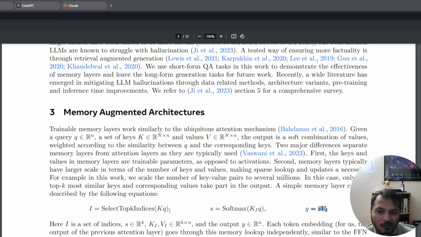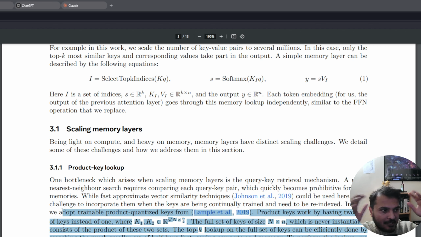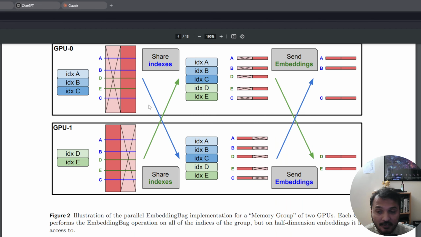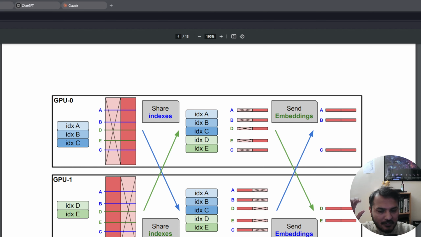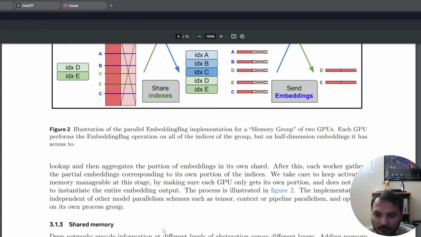Doing this kind of computation is hard, so they do it with product key lookup. This is an efficient way of breaking the complexity down from O(n) to O(square root n), by splitting it into two vectors and doing the search. Not super important, this is a commonly used trick. Then there are some GPU optimizations, like how they shard the matrices in different ways across different GPUs.